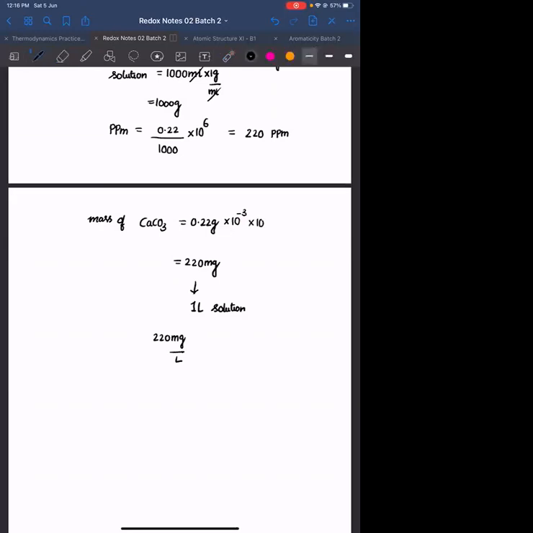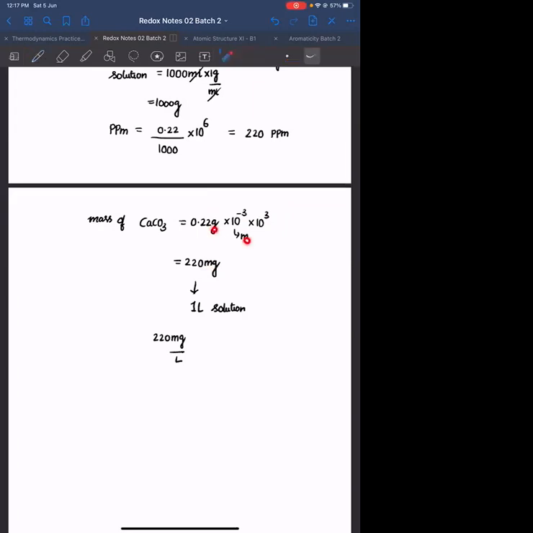This 10 raised to -3 itself is written as milli, and I am multiplying 10 power 3 with 0.22.